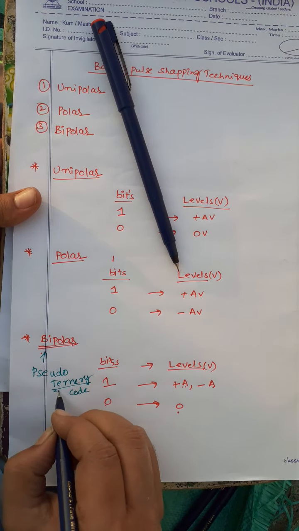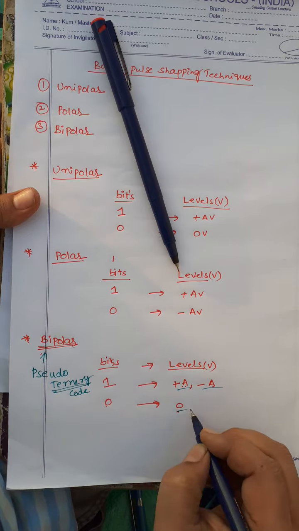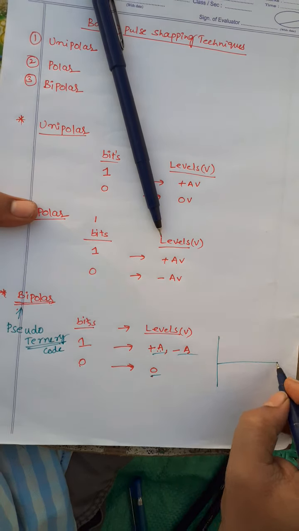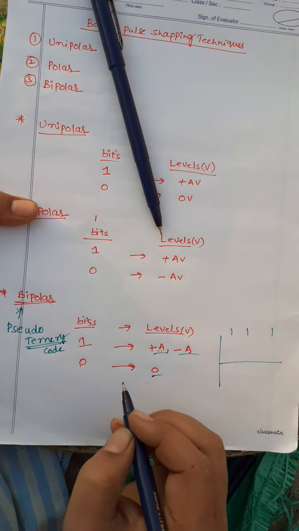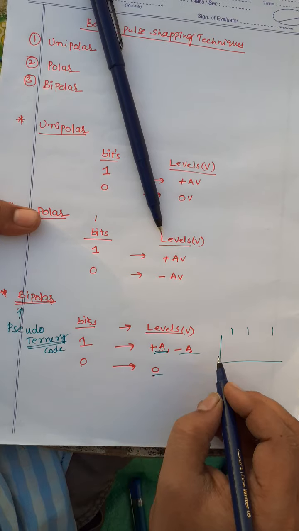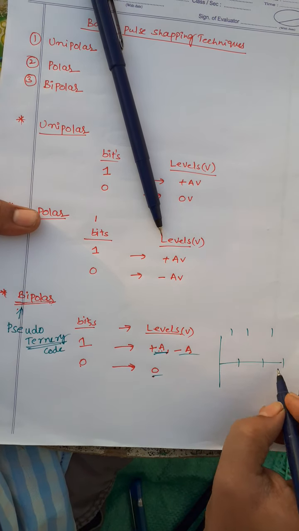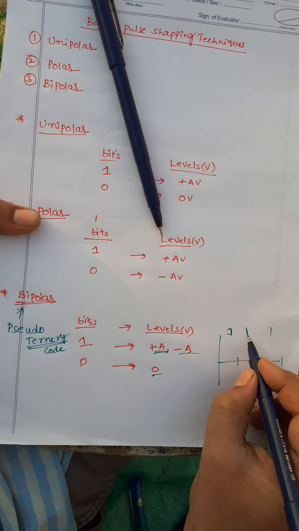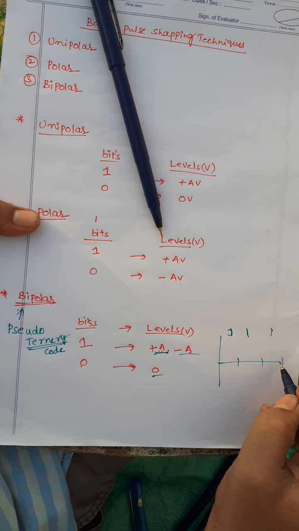What is the meaning of ternary? Three voltage levels. For example, if I get three 1 bits, each 1 bit will be represented by either plus A or minus A. For this duration the bit is 1, in the second duration the bit is another 1, and in the third duration another 1.